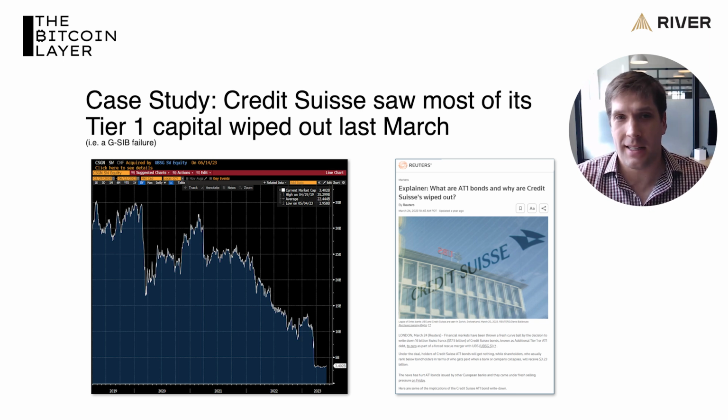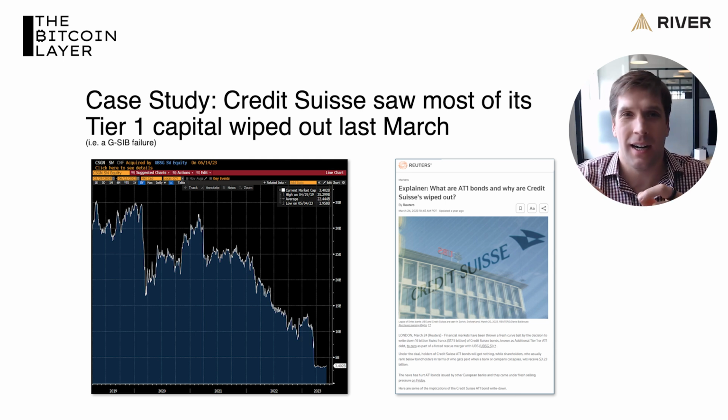And on the right-hand side, you see an article, if everybody recalls seeing this in the headlines, but part of the deal for the absorption into UBS was that some of the AT1 Credit Suisse bonds had to be wiped out. So everything above the stack essentially was absorbed in.